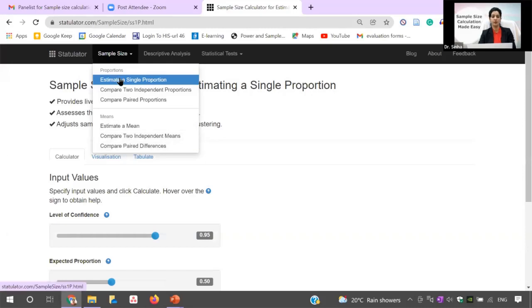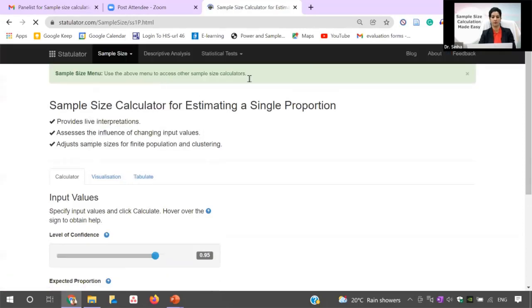In proportion, you can see three options: estimate a single proportion, compare two independent proportions, compare paired proportions. In means also, it will show you estimate a single mean, compare two independent means, and compare paired differences. So can all of you see this? So now, because this involves only a single proportion, I will click this single proportion.